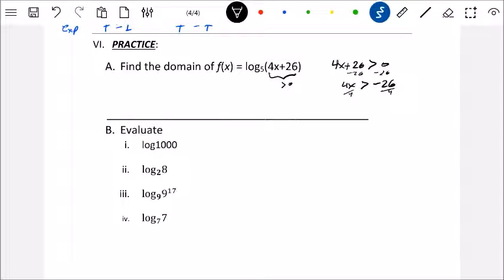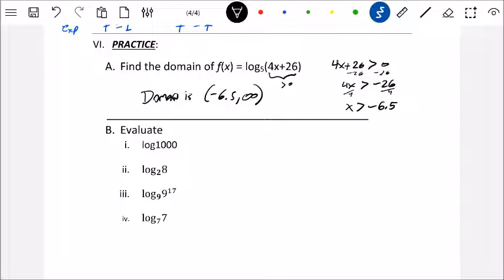Divide by 4, x is greater than, well, 4 goes into 26 6 times, the other 2 is 0.5, so negative 6.5. Okay, so that means that the domain is going from negative 6.5 to infinity.